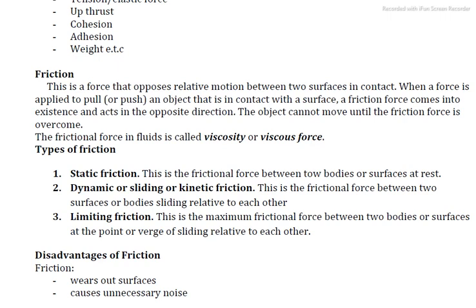Due to friction, we are able to sharpen our instruments. Due to friction, the vehicles are able to move without slipping. Due to friction, we are able to light a matchbox, among others.